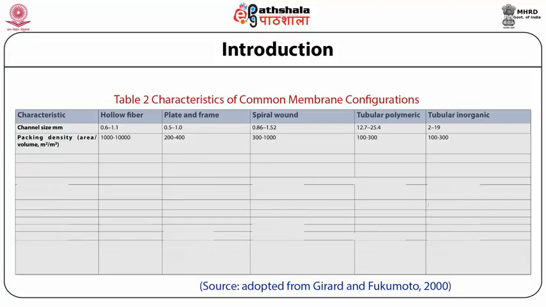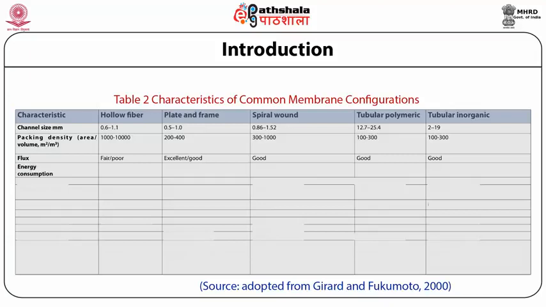It is very high for hollow fiber, meaning hollow fiber membranes need very little space, while tubular membranes need the most space. Flux is fair or poor for hollow fiber, excellent and good for plate and frame, good for spiral wound, and also good for tubular.